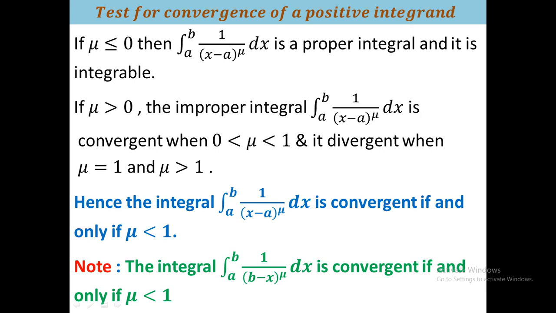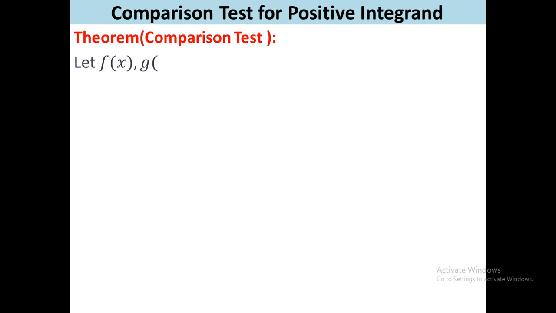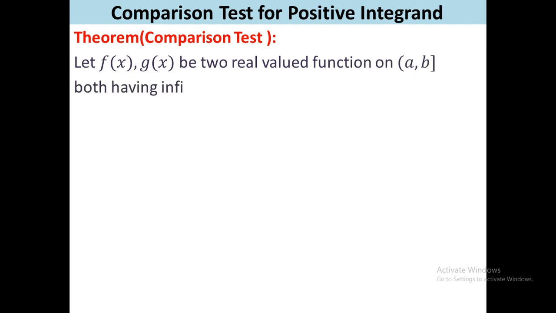Before example 8, we perform a proof of the comparison test for a positive integrand. Actually not positive integrand, non-negative integrand will be better. Let f(x) and g(x) be two real valued functions having infinite discontinuity only at x equal to a, such that the domain of the function is open a, closed b, because we do not know the value of f and g at the point x equal to a.